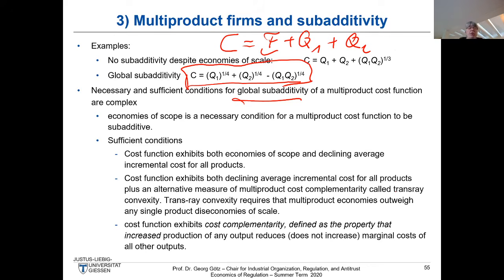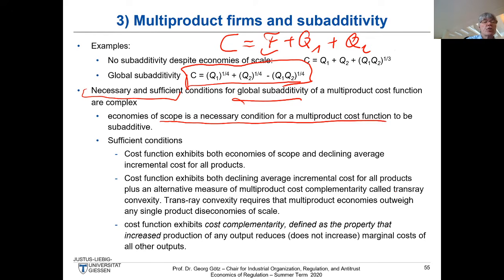The important point is that some economies of scope is a necessary condition for a multi-product cost function to be subadditive. So if there are no economies of scope, it doesn't make sense to produce all of the different products in one company. And now, hopefully, you know the distinction between necessary and sufficient condition here.